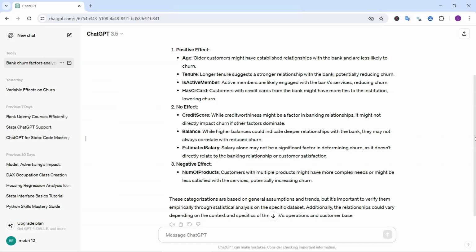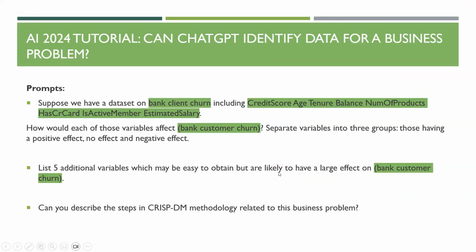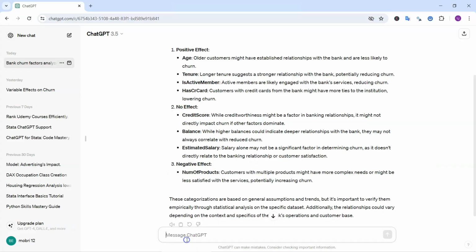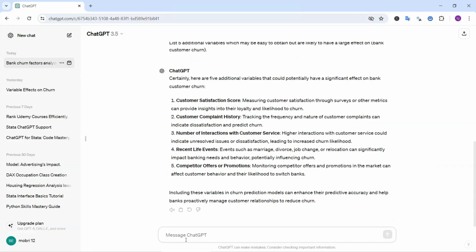So let's proceed to the next prompt, and this is about potentially 5 extra variables which may be easy to obtain, and at the same time they are likely to have a large effect on customer churn. So let's copy it and add it to the same conversation with ChatGPT. So now I can insert it here, and after a few seconds we get the answer.